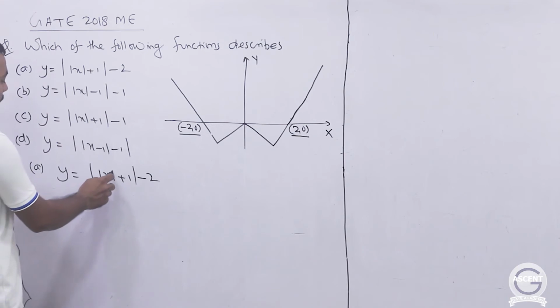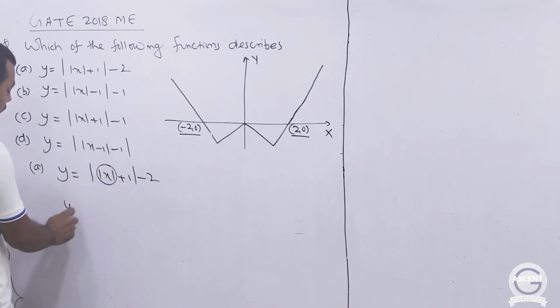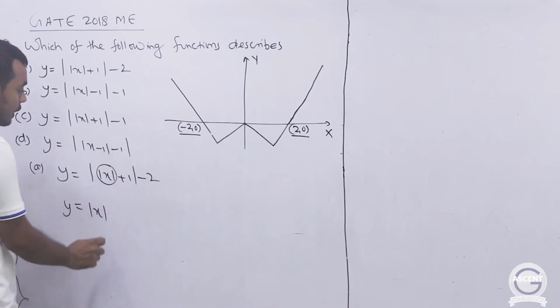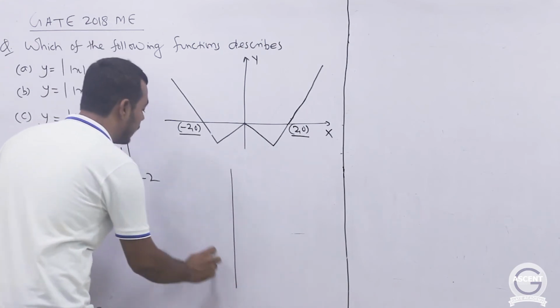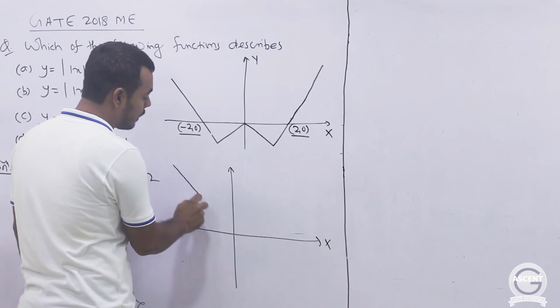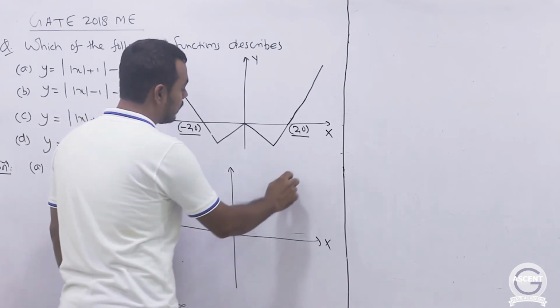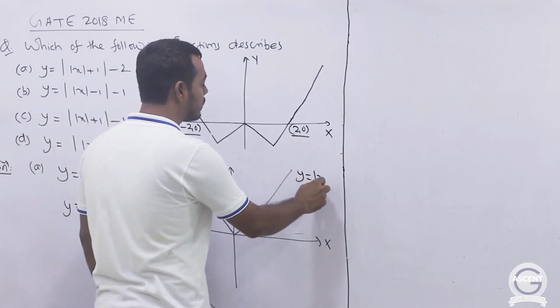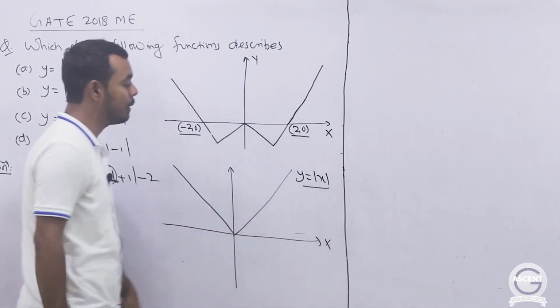The first step will be to draw the graph of y equals to mod x. These are our coordinate axes. If I want the graph of y equals to mod x, then we have seen in our earlier discussion that this was the graph of the function y equals to mod x, right?